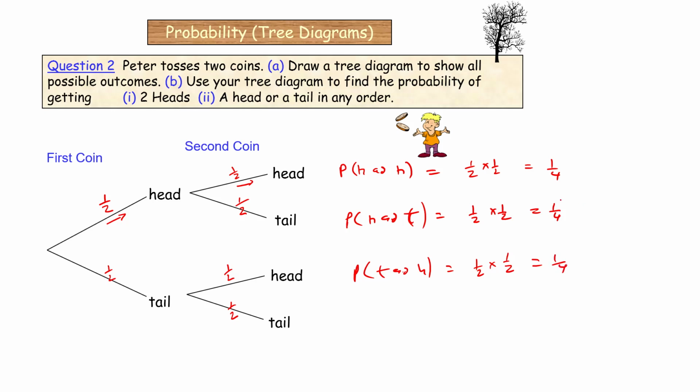But because the order is irrelevant, you've got to add the probability of getting a head and a tail, or a tail and a head. So the probability of H and T, any order, is equal to a quarter plus a quarter, which is a half, or 2 out of 4, which is a half.